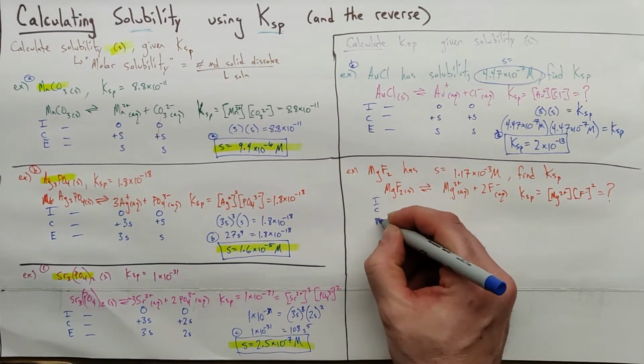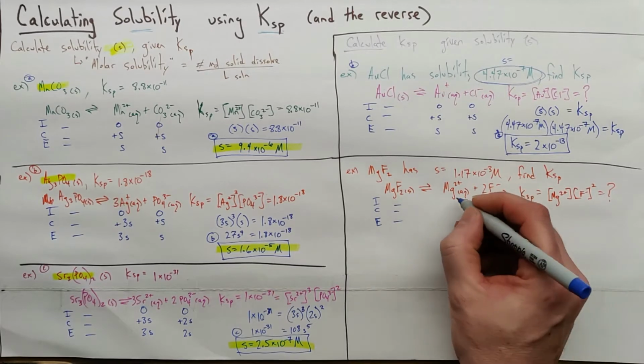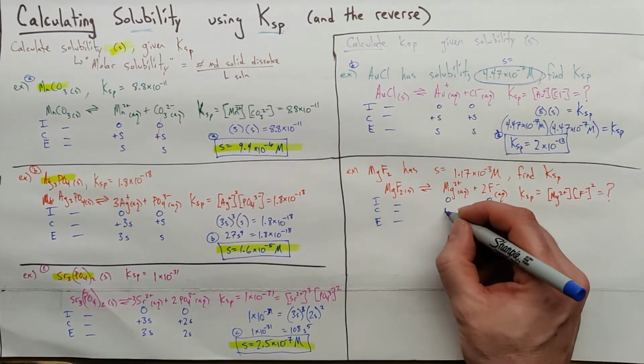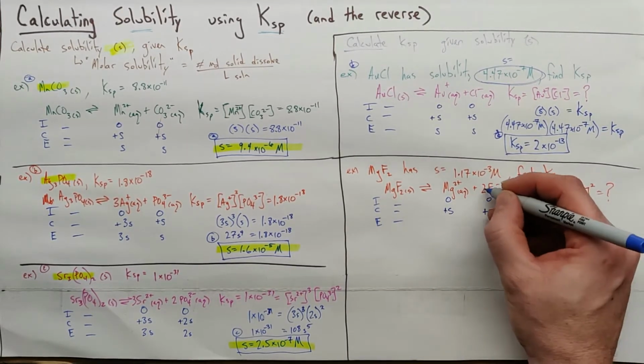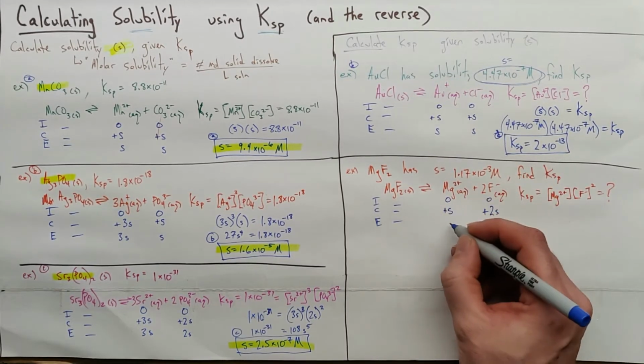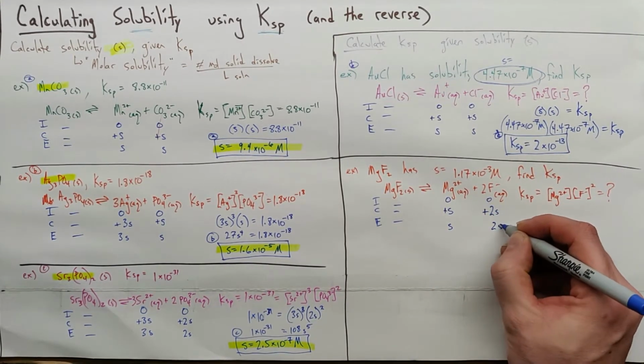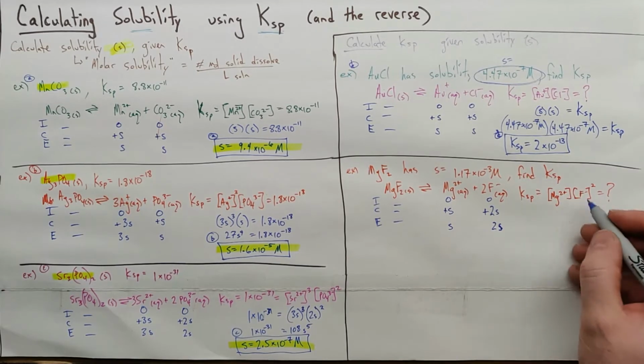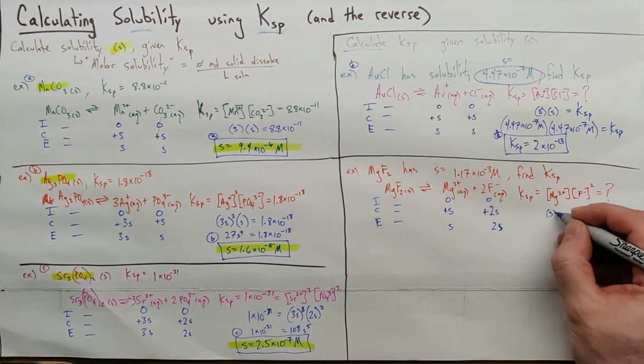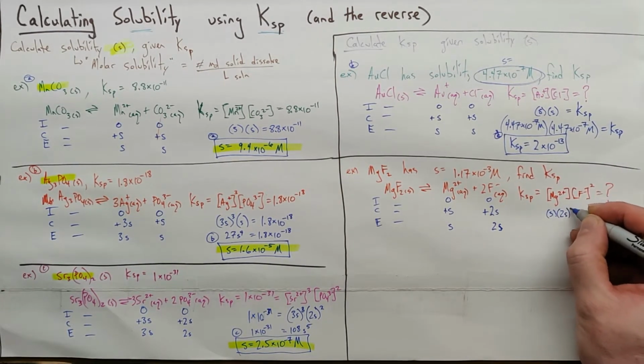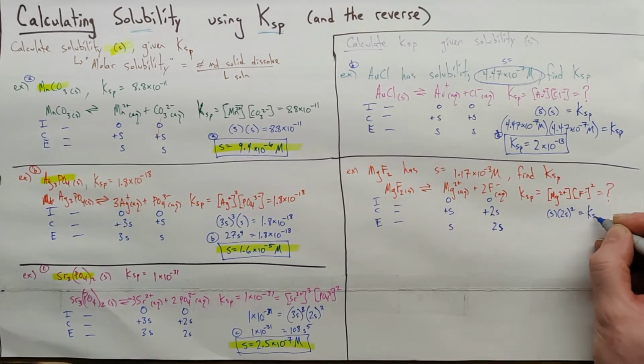Set up the ICE problem. Not worried about those. Didn't have any to start with. Went up by S, but this time it went up by 2S. And so we end up with S and 2S. And that's what these values are right here. I'm going to have S times 2S squared, and that's going to be Ksp.